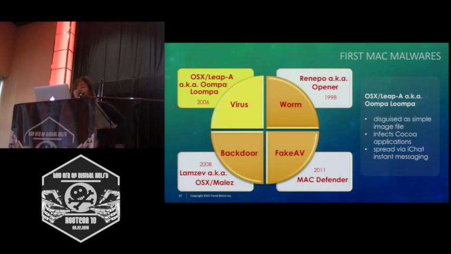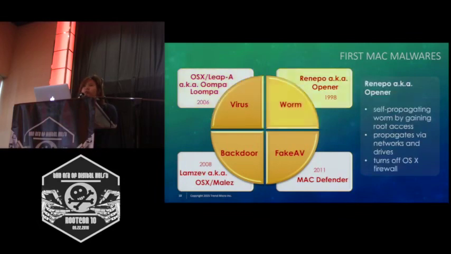Oompa Loompa is not only a virus, you can also call it a Trojan because it disguises itself upon arrival to the system. We can also call it a worm because it spreads itself by sending a copy of itself to the buddy list of the user in their iChat. And it's a virus as it infects Cocoa applications. It installs an install manager in the user's directory, and then uses this to search for the four most recent applications used by the user, and if it's a Cocoa application, it infects it.